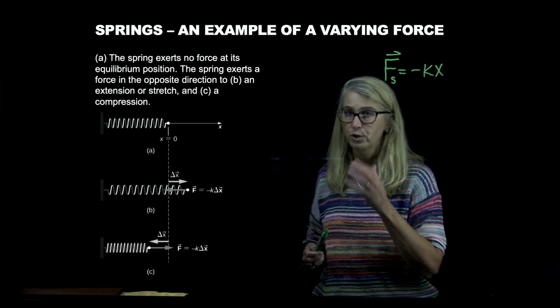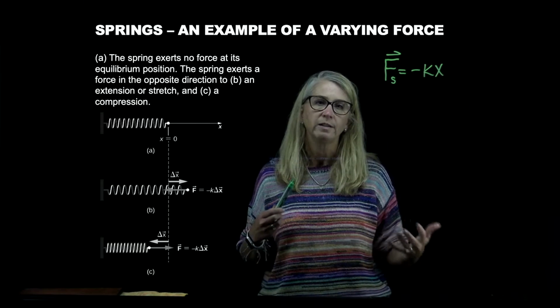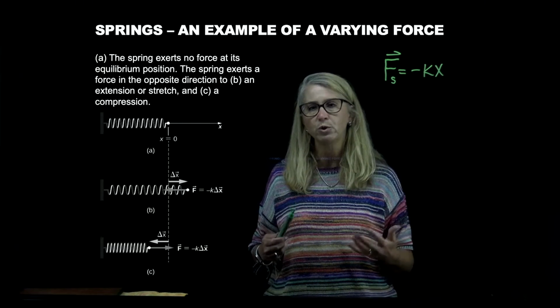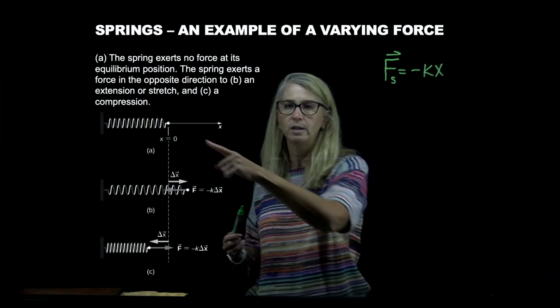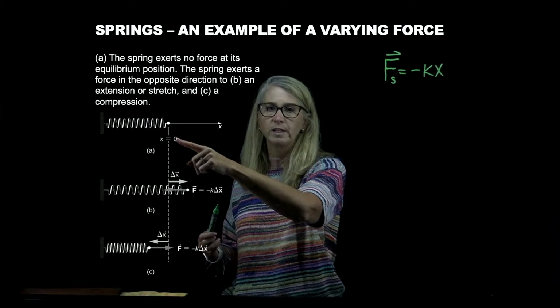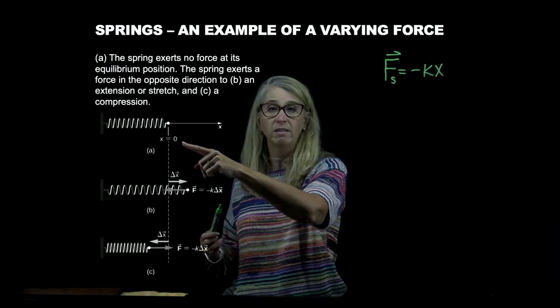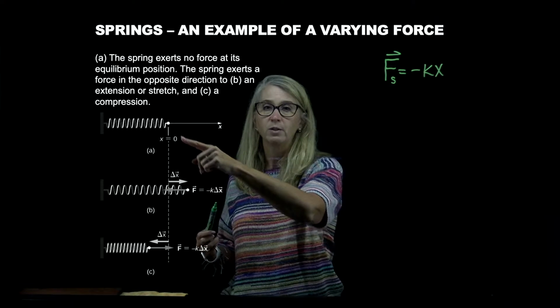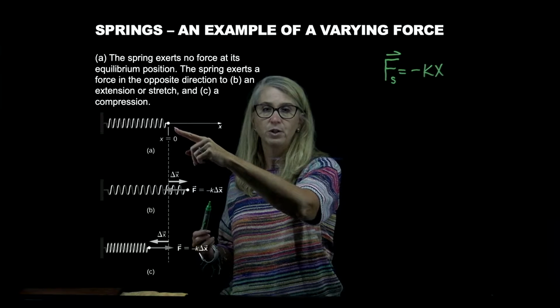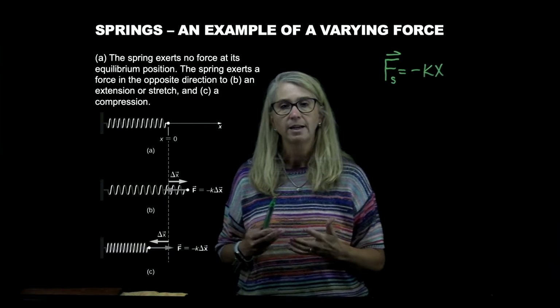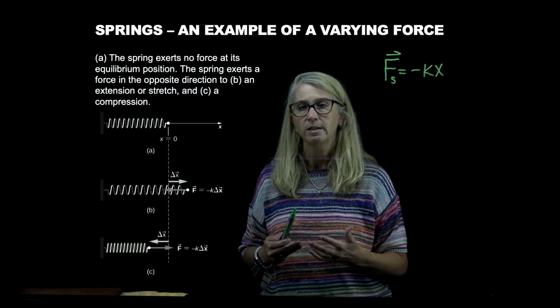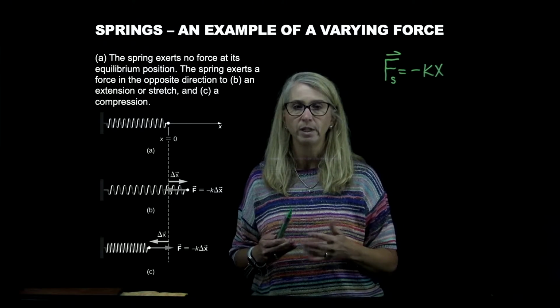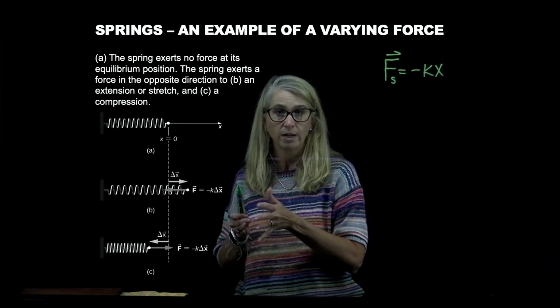Now, when we talk about a spring and we designate its position, we do so in a special way. There's a position where the spring is at what we call its natural length, and that becomes our x equals 0, because we're going to measure from the end of the spring. I say it's at its natural length because at this instant in time, the spring isn't being stretched and it's not being compressed.